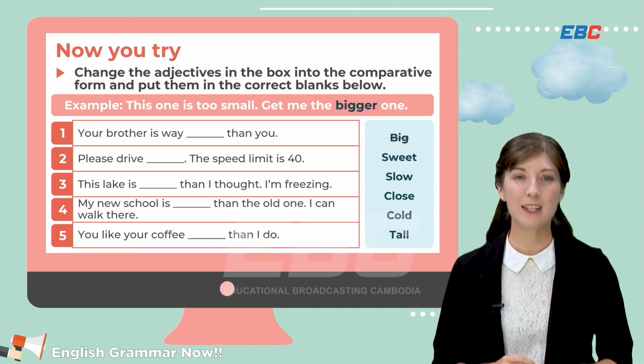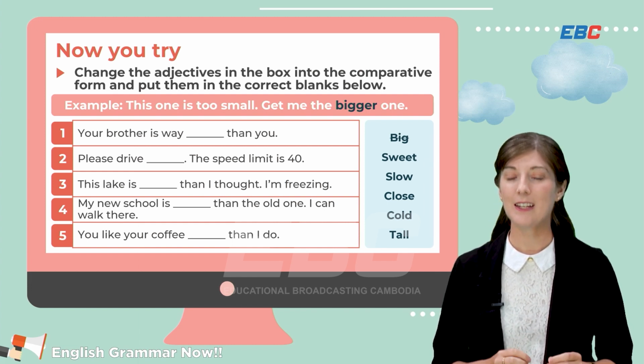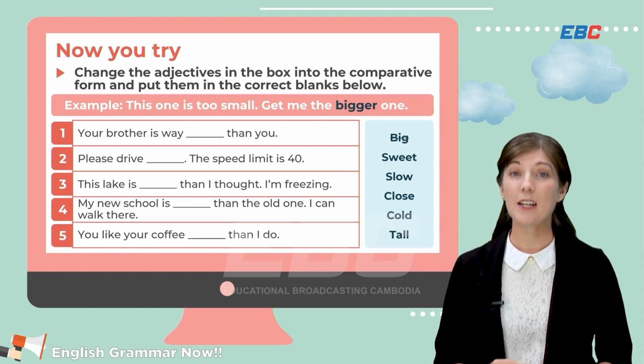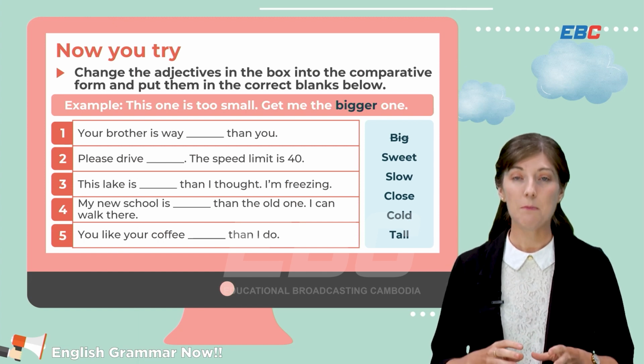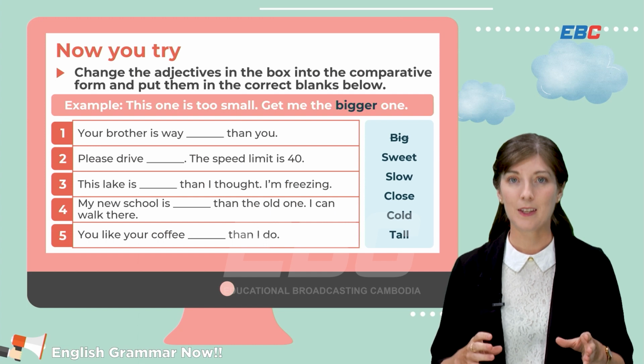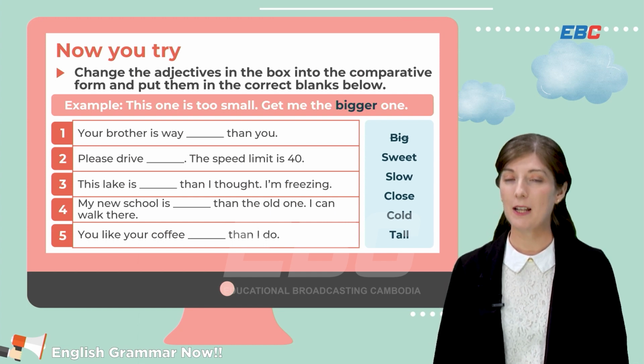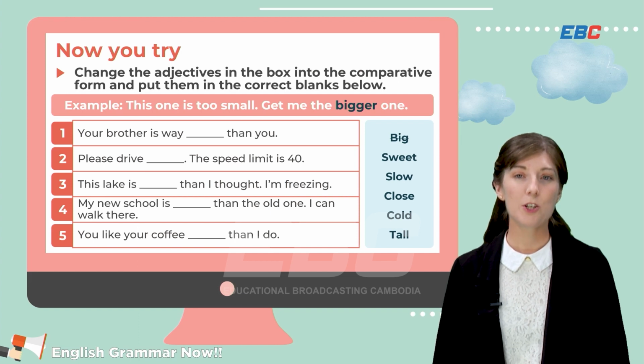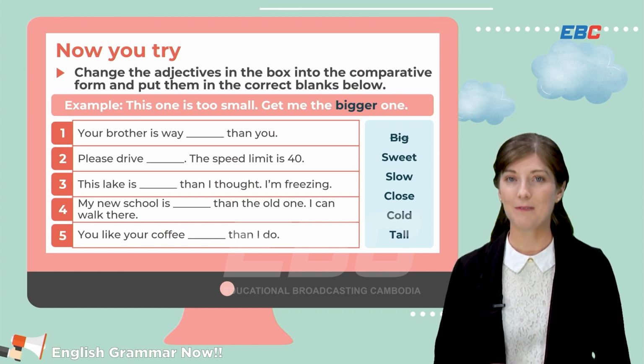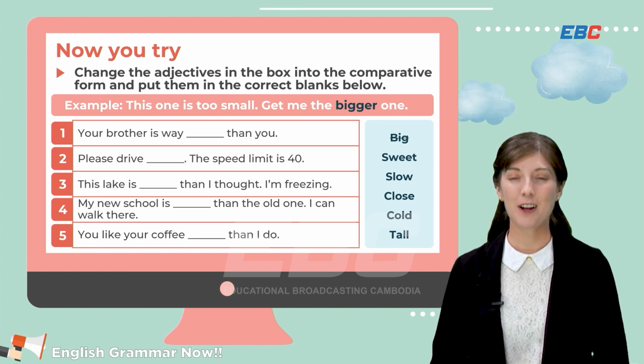We've already done one for you. In the example, this one is too small. Get me the bigger one. Remember to look for some of those spelling changes in case you need to double the last letter or change Y into I. Go ahead, give it a try.